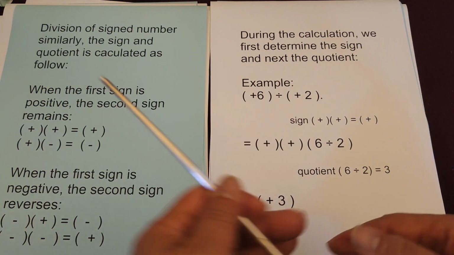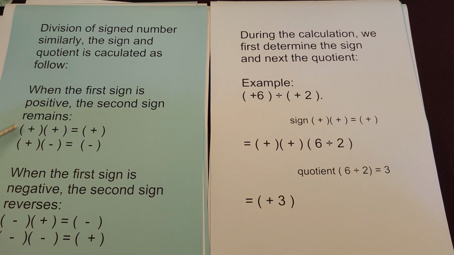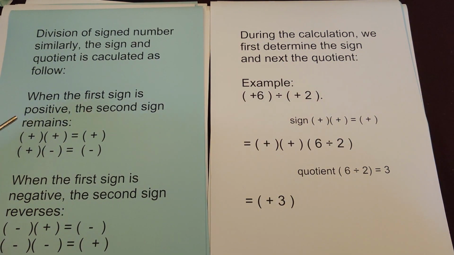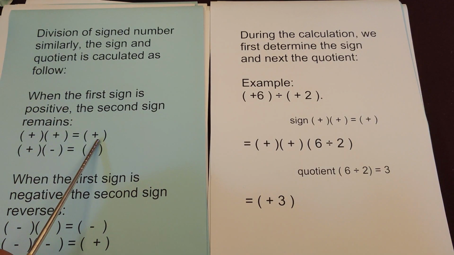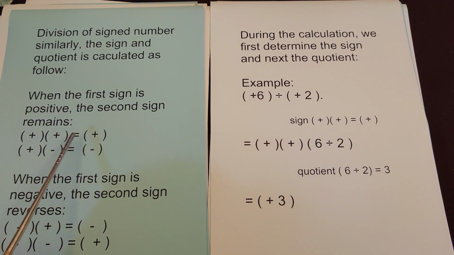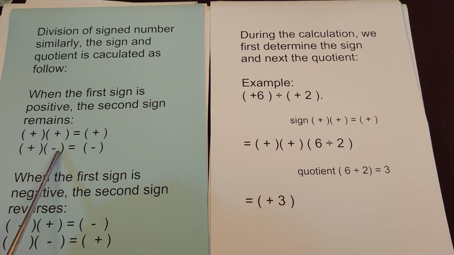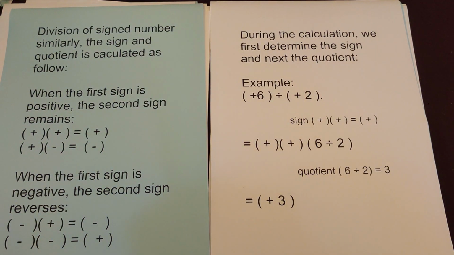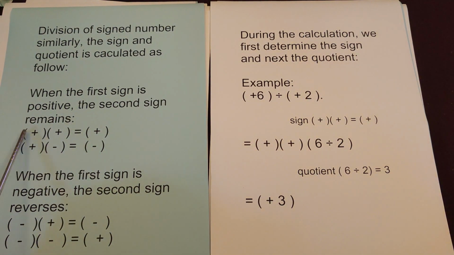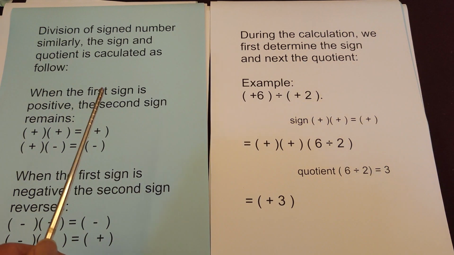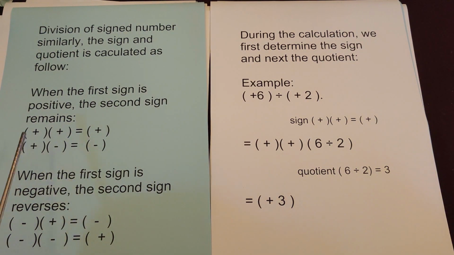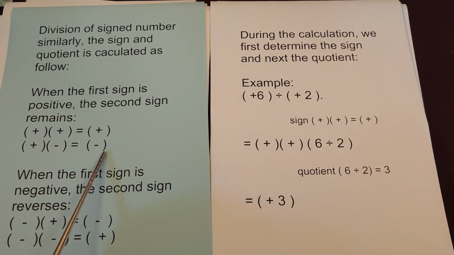So here we have a positive sign as the first sign. Then the answer resembles that of the second sign, positive or negative. Or we can take it this way: when both signs are positive, the answer is positive. When the signs differ, the answer is negative.